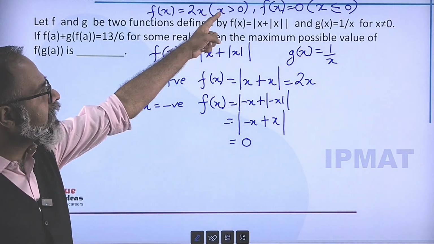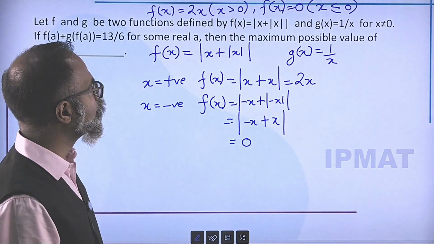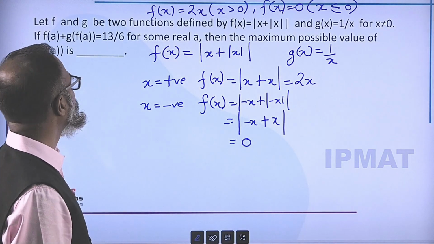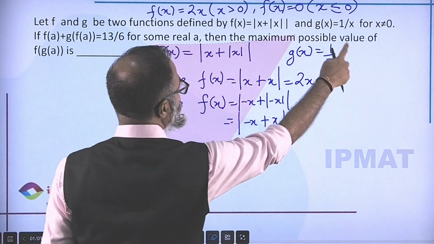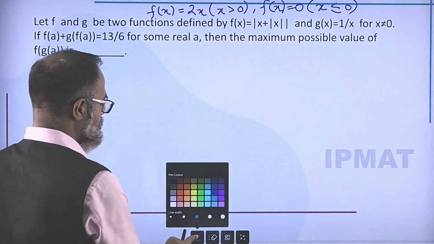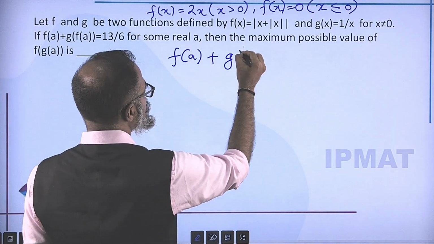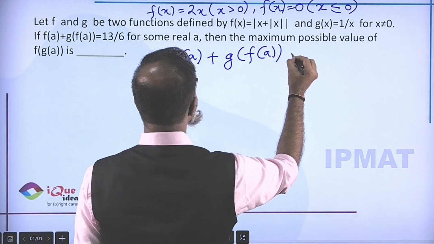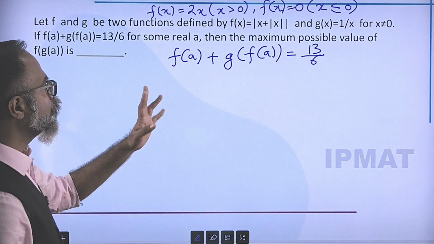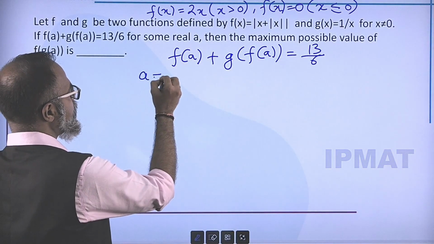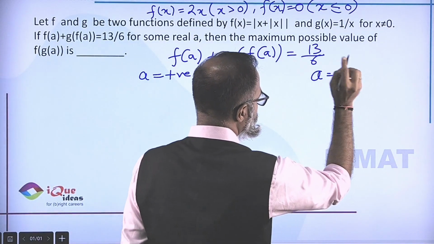So that's how I newly define f(x), and g(x) I for sure know is the inverse of the number. Now I have to take into consideration what has already been given, which says f(a) + g(f(a)) = 13/6. There are two cases: if a is positive, it's one function, and if a is negative, a different value.